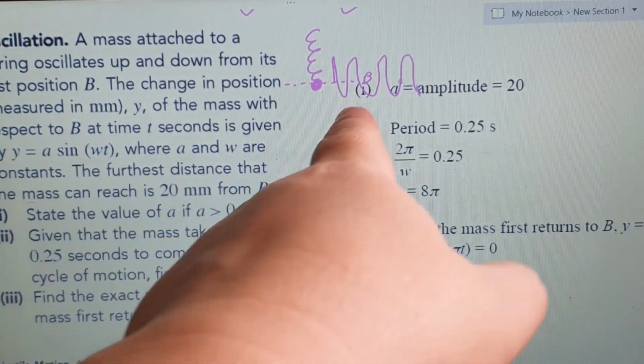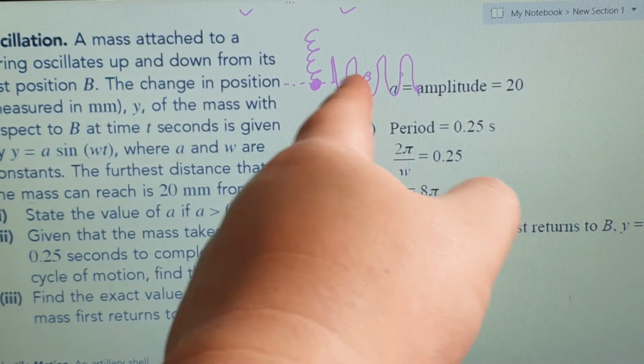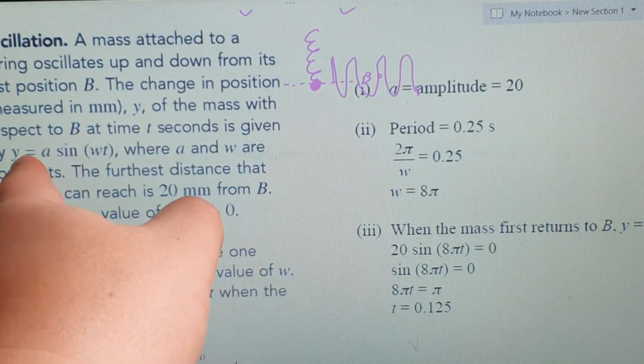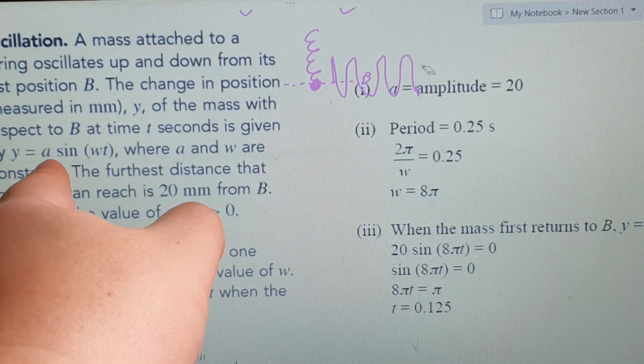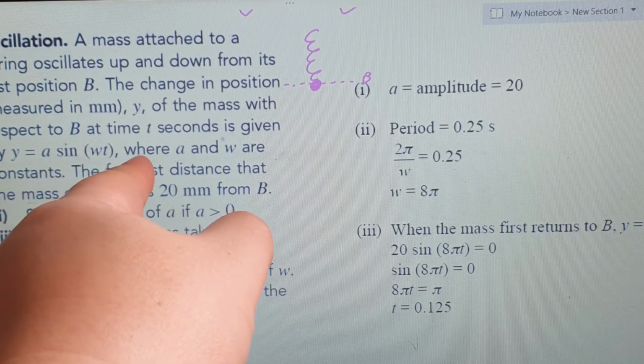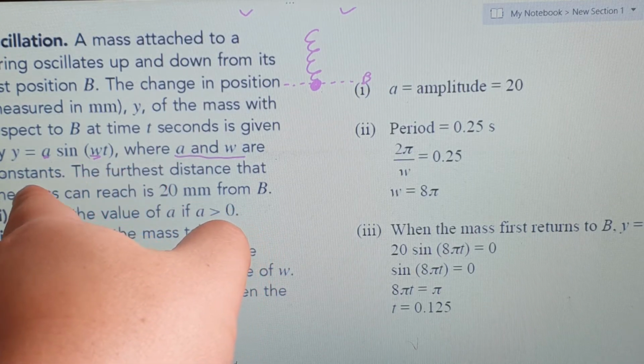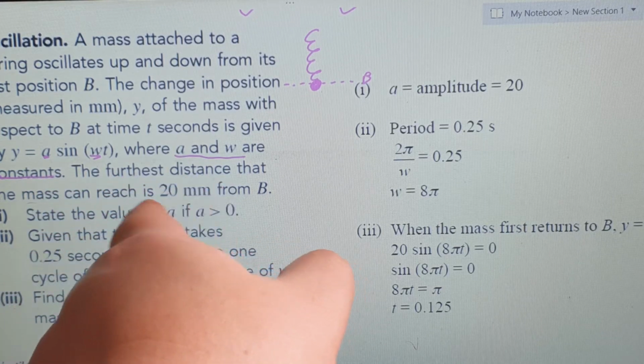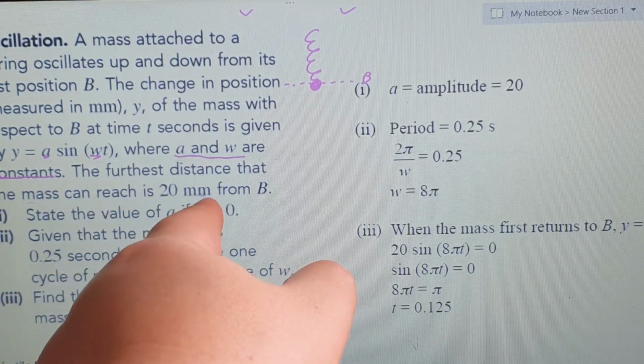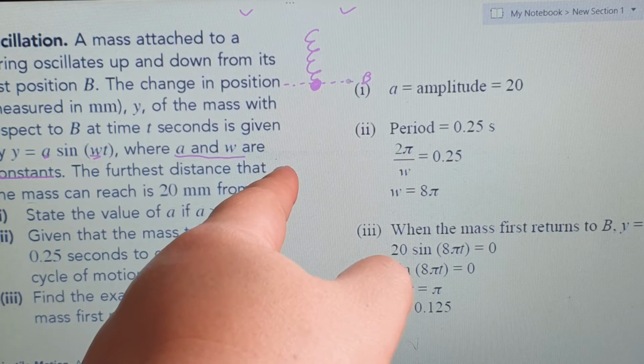So don't you agree this is like a sine curve? So that's why we can model this question using a sine curve. Okay? A and W here, they are just numbers. And the furthest distance that the mass can reach is 20 mm from B. B is here, right?